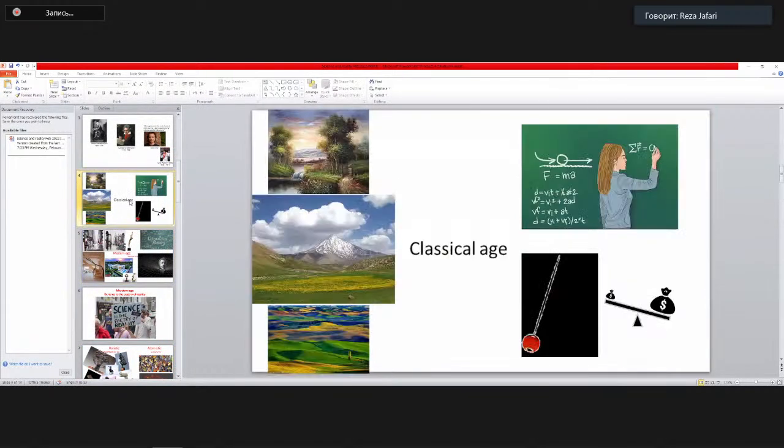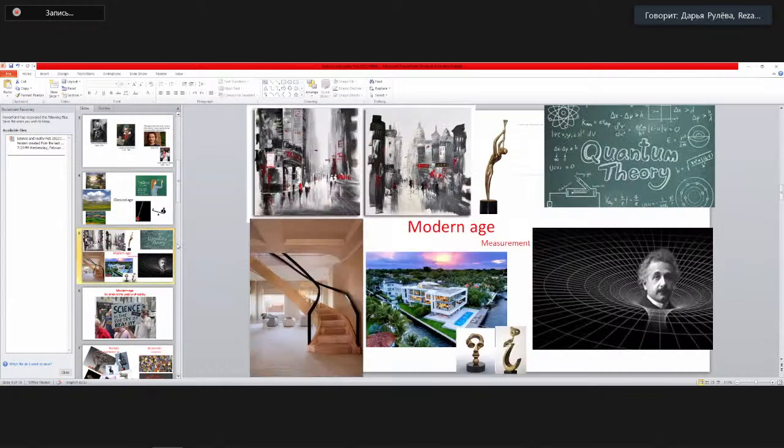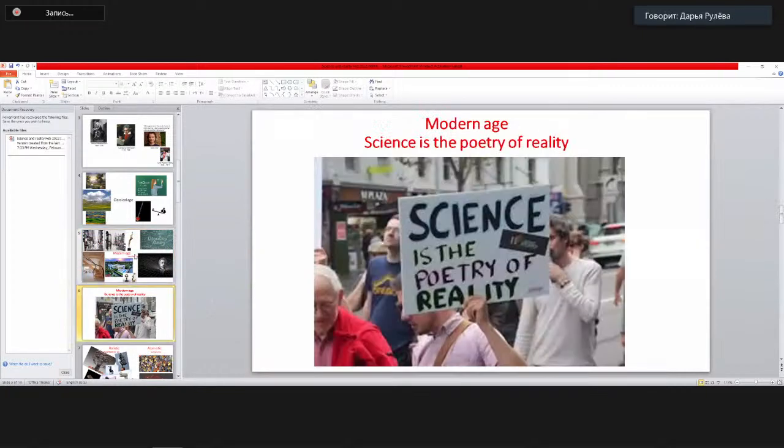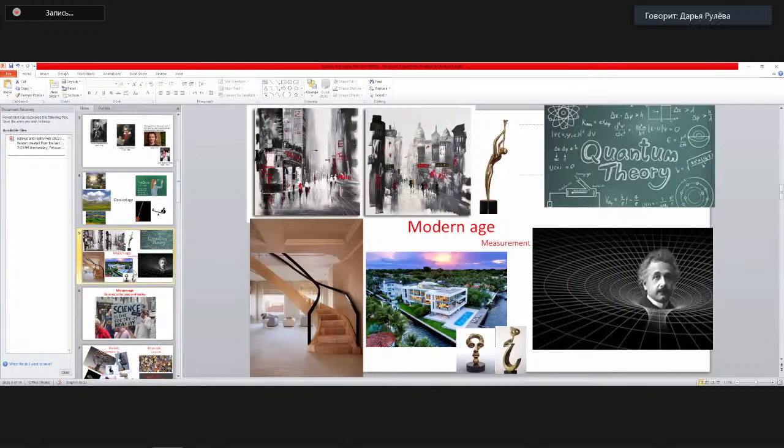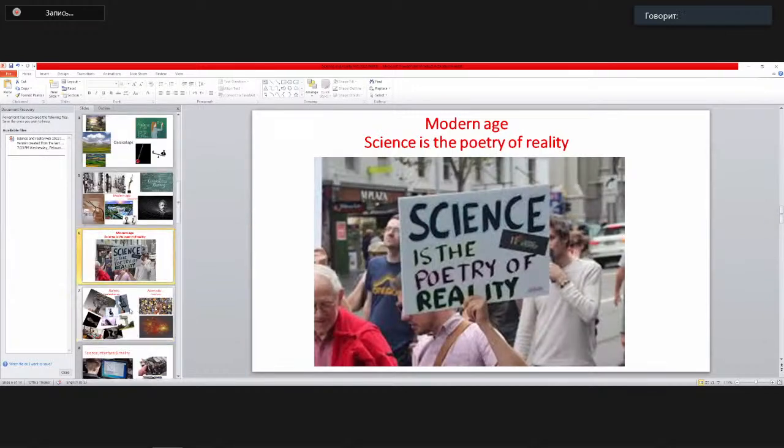This is the classic age slide, where I said that we believe science presents the reality as it is. Yes, we could hear you very well, but the slide did not change. Right now, is it changing or not? Now it is changing. Okay, yes. Hold on, please, sorry for interrupting.